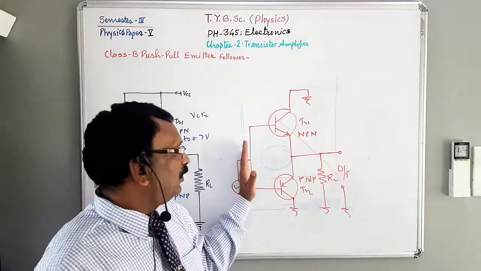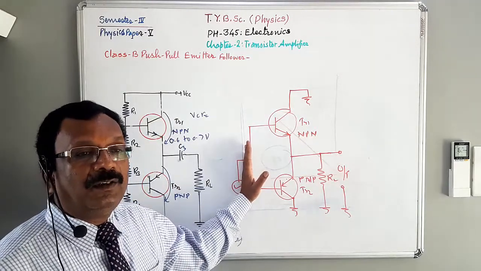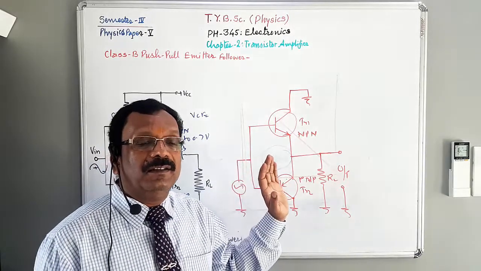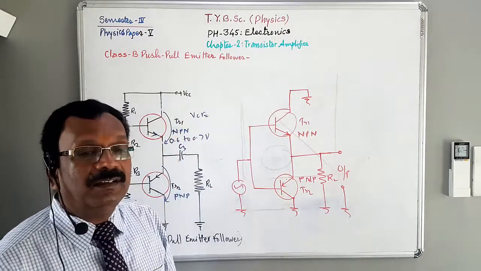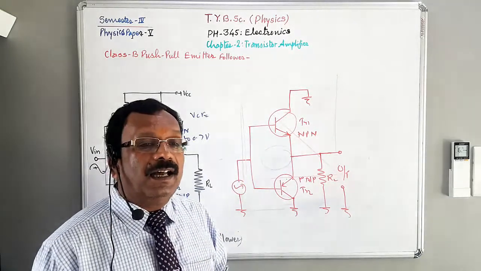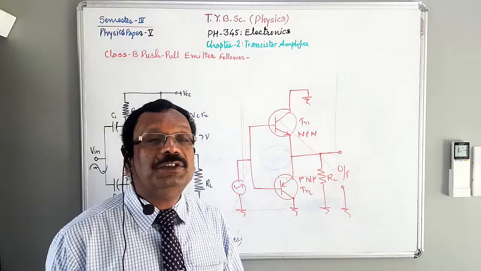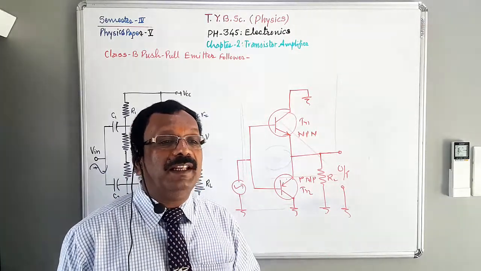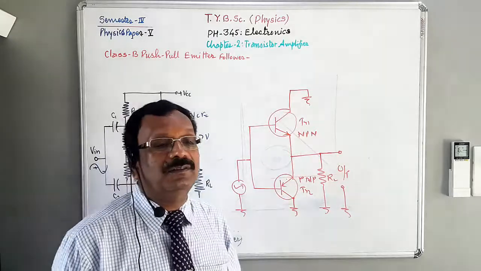Suppose that no bias is applied to the emitter diode, and then the incoming AC signal must rise to about 0.7 volt to overcome the barrier potential of the emitter diode.